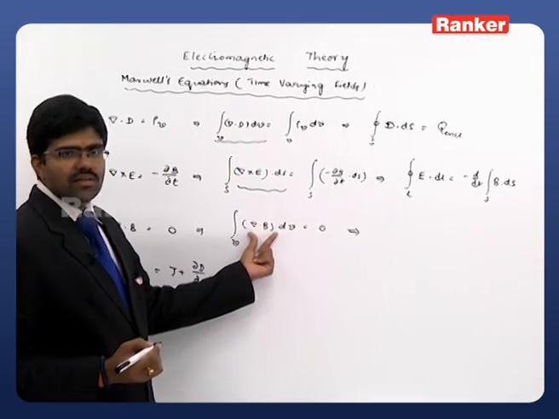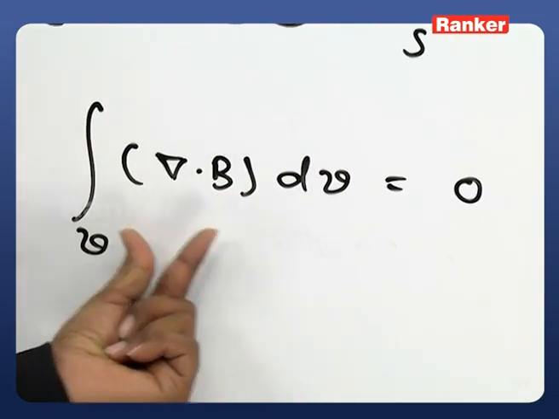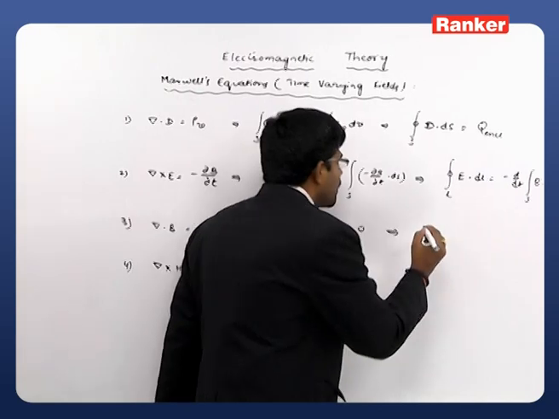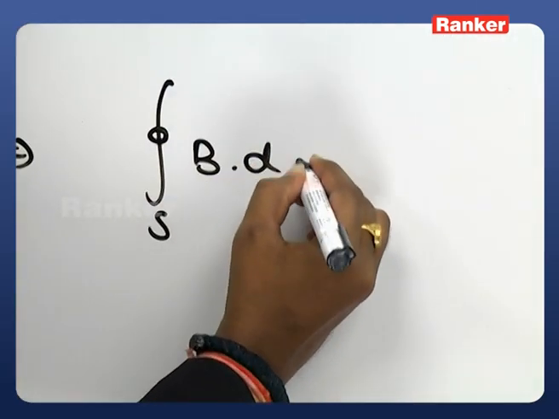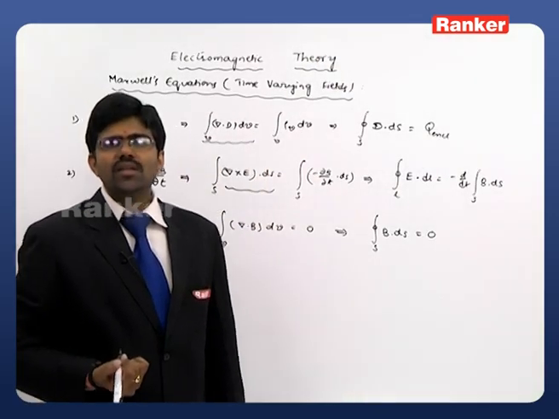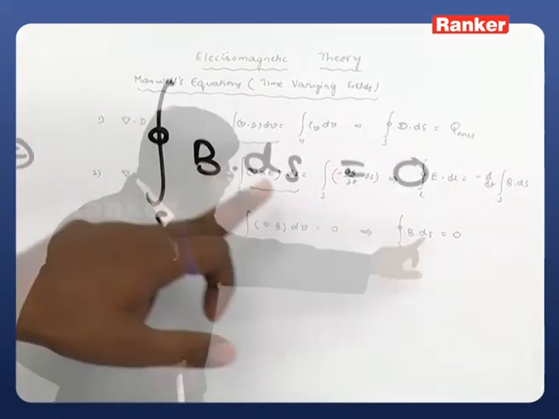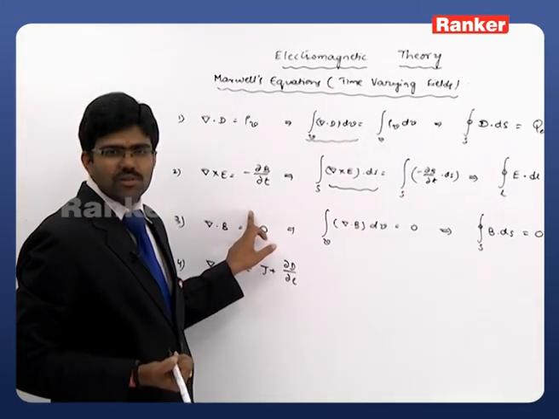The left hand side is a volume integral of a divergence, which is simply the divergence theorem, so a closed surface integral comes into the picture: the closed surface integral of B ds equals 0. This is the integral form of the third Maxwell's equation.